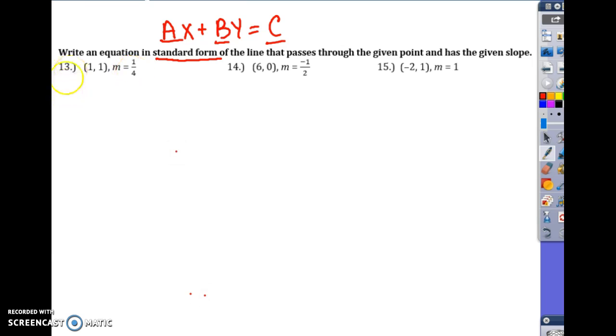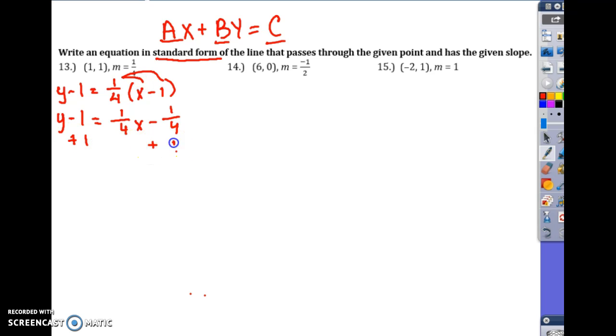We're going to start out with point slope form. y minus 1 equals 1/4 times x minus 1. I'm going to distribute, so I get my 1/4 x minus 1/4. All I do is take this and multiply it. Okay, now I'm going to add 1 to both sides. When I add 1 to this side, I'm actually adding 4/4, as a fraction.